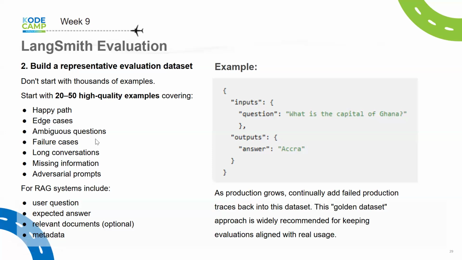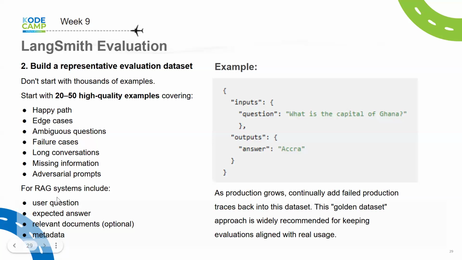Then ambiguous questions, questions that are not very clear. Failure cases, cases that you know will result in failures. Long conversations, missing information, and then adversarial prompts. So you can even try to look for all kinds of different ways to break your model and create such data. So you create a data set, right?